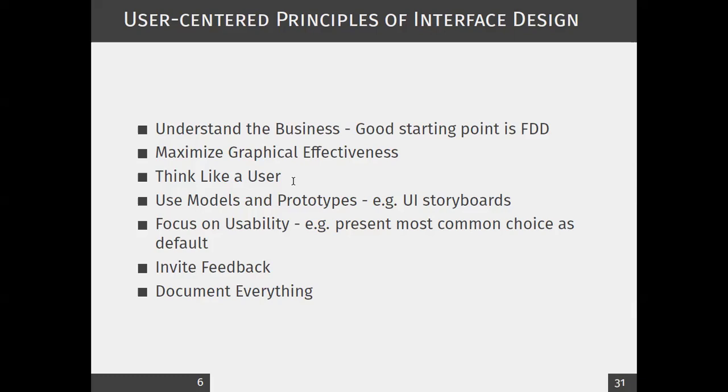So if you remember, we discussed functional design diagrams. FTDs can be used, and you can use graphical effectiveness, thinking like a user, right? And also you can use models and prototypes. I will come to this point. This is called a user interface storyboard.